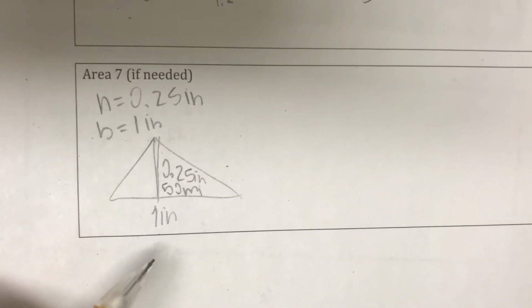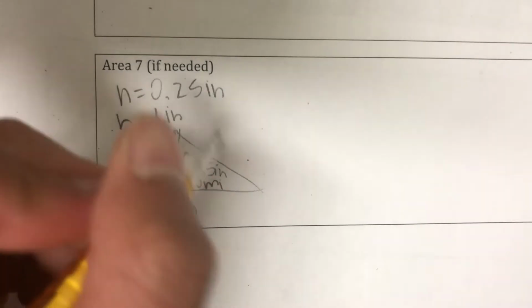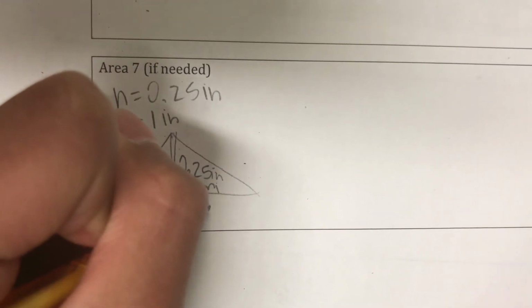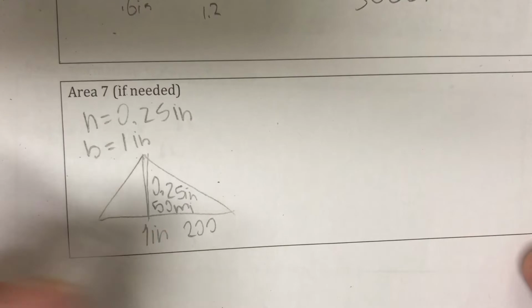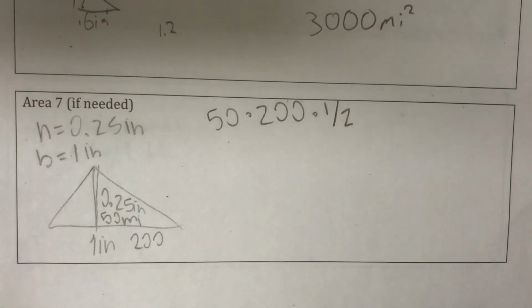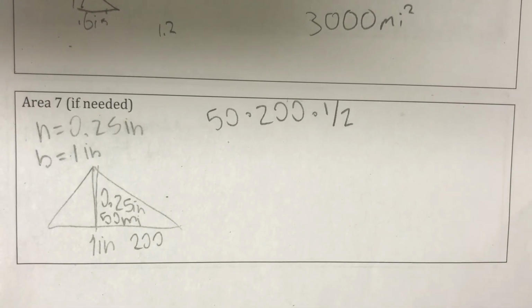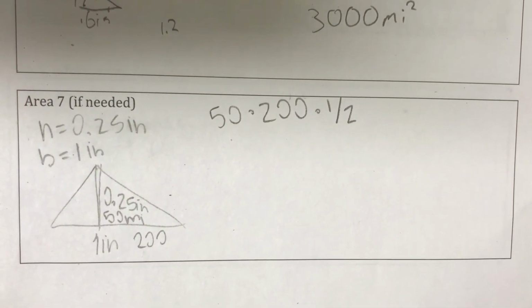And then we do 1 divided by 0.5, which equals 2, times 100, which equals 200. Then we put those numbers into the equation. 50 times 200 times 1/2, and we get the answer of 5,000 miles squared, and there is our answer.